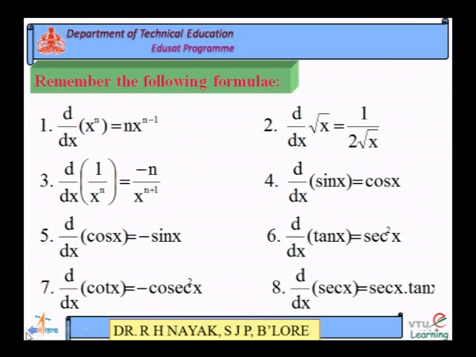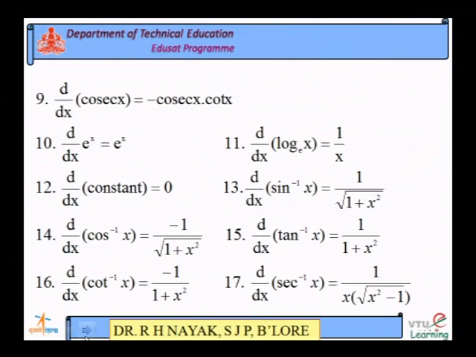Differentiation of sin x is cos x, differentiation of cos x is equal to minus sin x, differentiation of tan x is secant square x, differentiation of cot x is minus cosecant square x, differentiation of secant x is secant x into tan x, differentiation of cosecant x is minus cosecant x into cot x, differentiation of e power x is e power x, differentiation of log x is 1 by x, differentiation of any constant is 0.